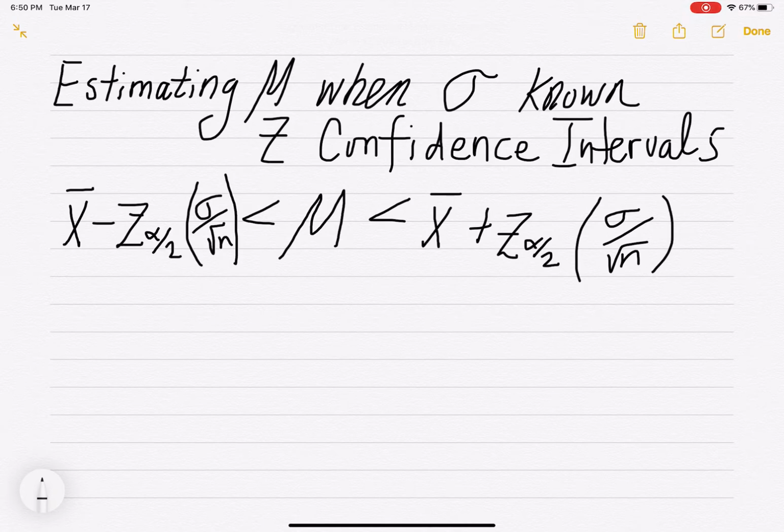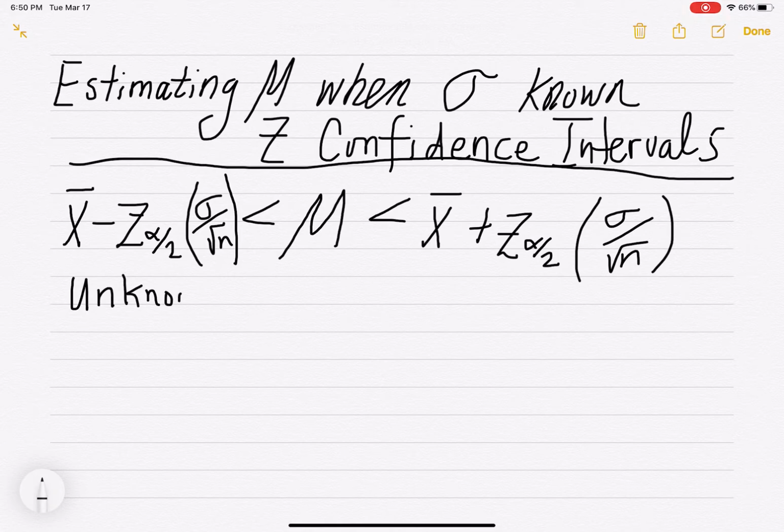And you want to use this specifically when you're trying to estimate the population mean and the population standard deviation is known. So unknown here, the things that are not known, are as follows. Population mean. You don't know that.